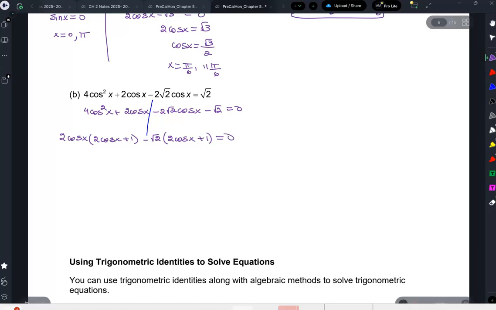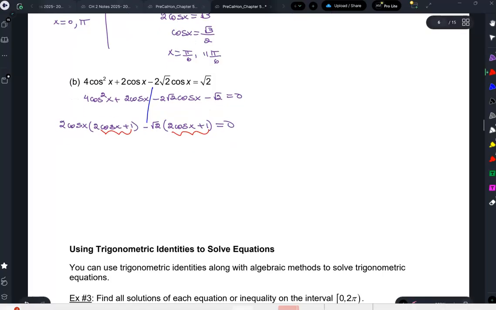Do you see how this and this are the same? So now you can factor that out. Essentially, write down the common term, and then in another parenthesis collect what's left over: 2 cosine x minus root 2 is equal to 0.